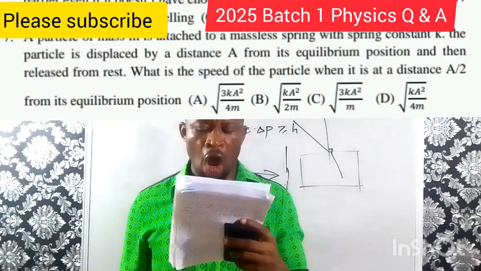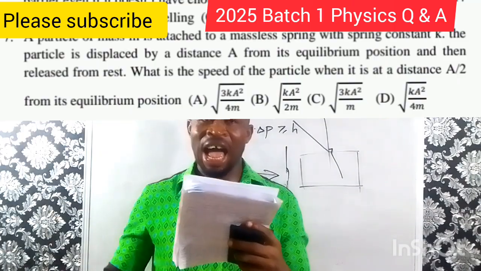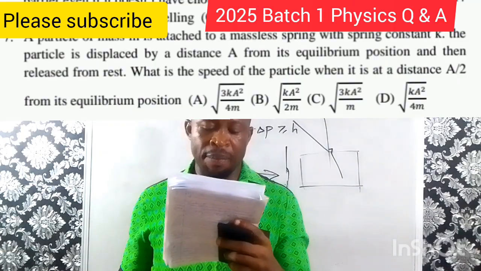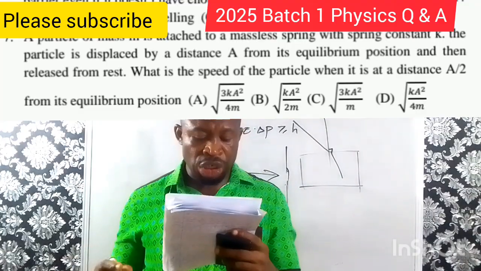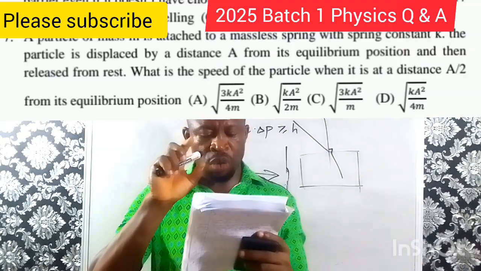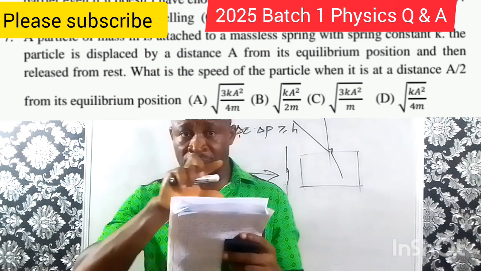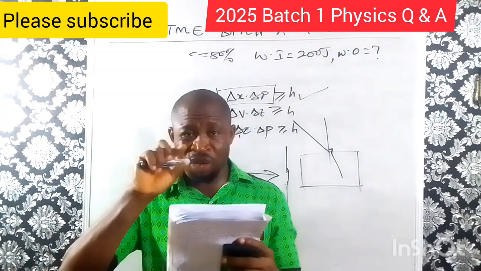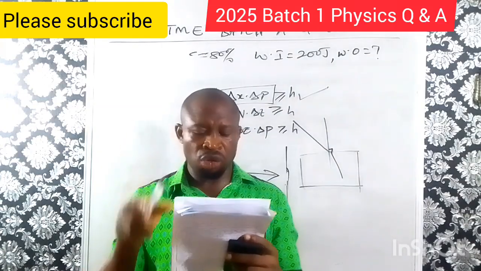What is the speed of the particle when it is at a distance half of its amplitude from its equilibrium position? There is no need. Of course, those equations all seem to be the same. But please, mind you, option A is the correct answer option.